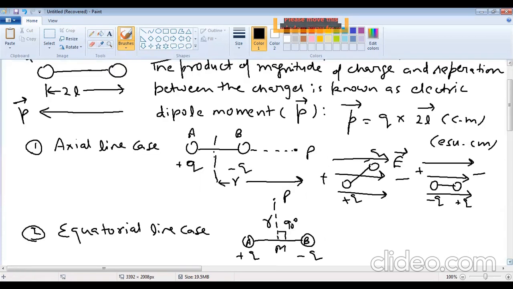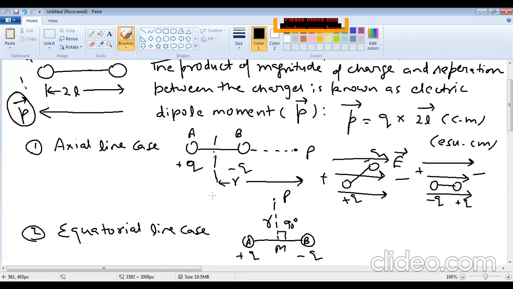Here the dipole tends to realign itself in a direction opposite to that of the field. Therefore, it is first of all known to be a vector quantity. And one interesting point is that it will have its direction opposite to that of the field.